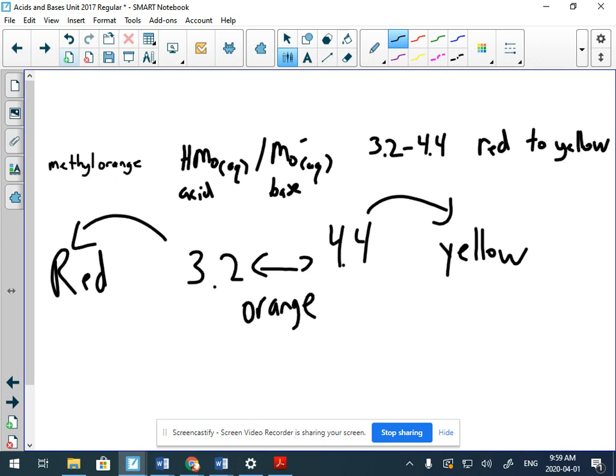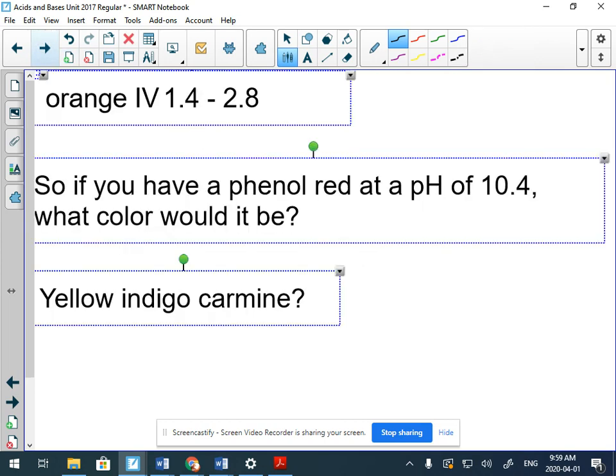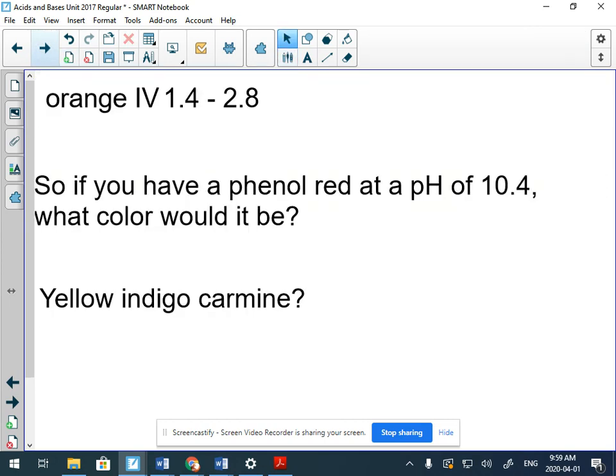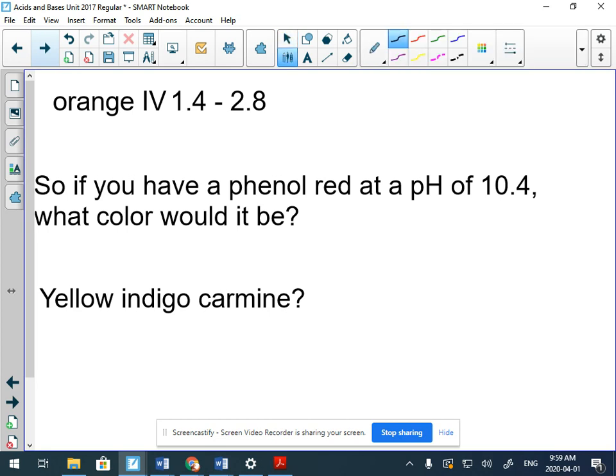Okay, so let's try a couple problems here. We've got orange 4, which is 1.4 to 2.8. If I look at orange 4 in the data booklet, 1.4 and less is red, 2.8 and higher is yellow, and red and yellow make some other color, whatever the mix of that is.